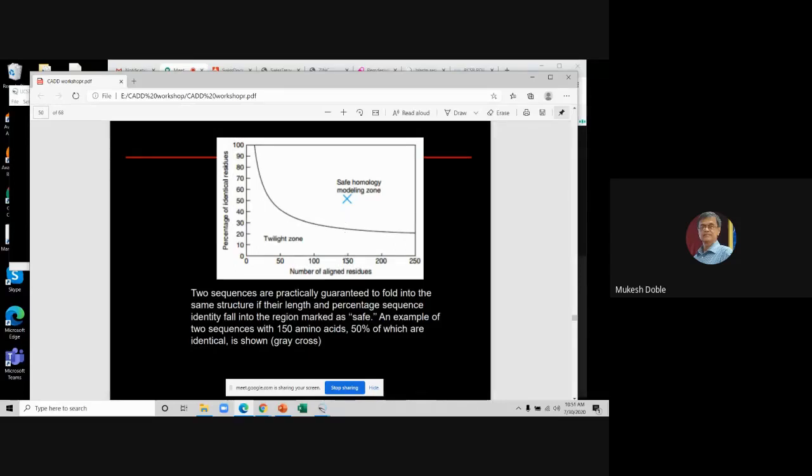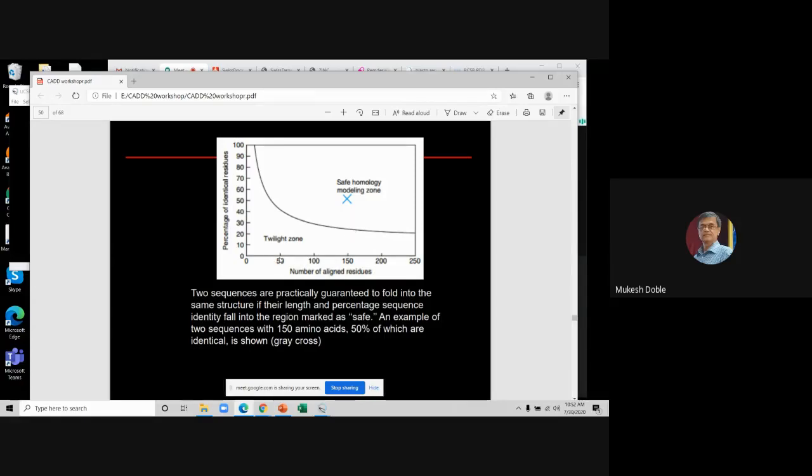If you are comparing 150 residues between protein A and protein B and getting more than 30% identical residues, then we can say the structures of those proteins will be conserved.